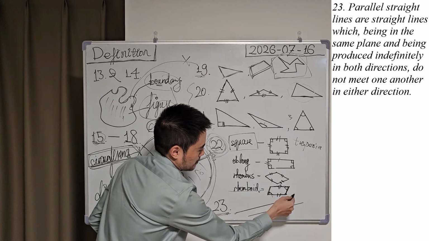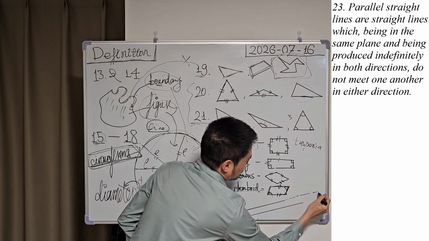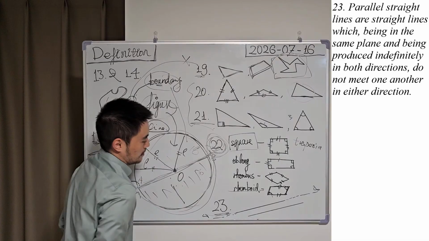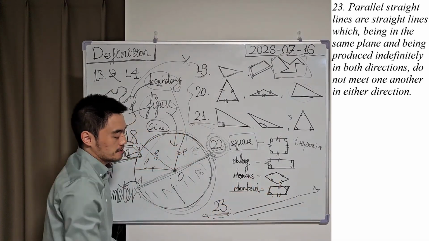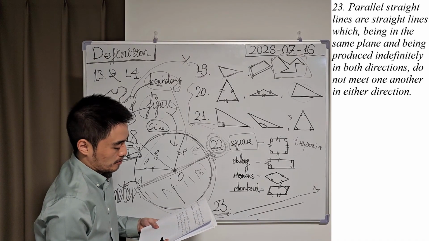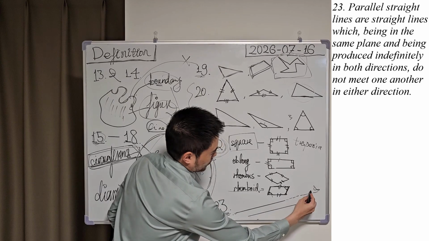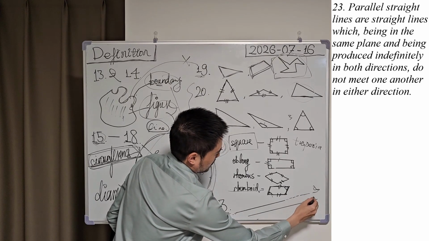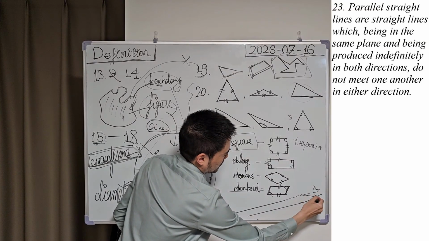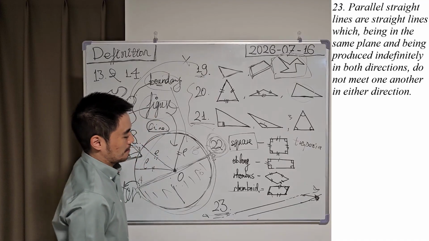For example, this side to infinity and this side also to infinity, both directions, sorry, and they do not meet one another in both directions. So let's say we extend both, they will never meet with one another. I think it's a pretty clear definition.